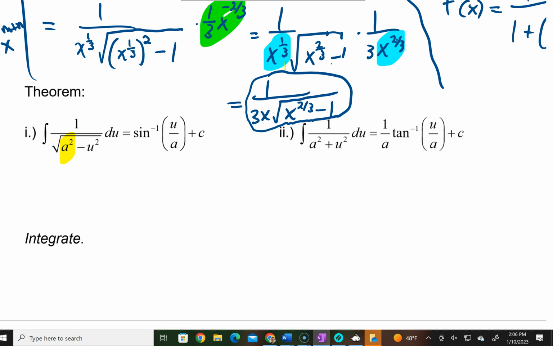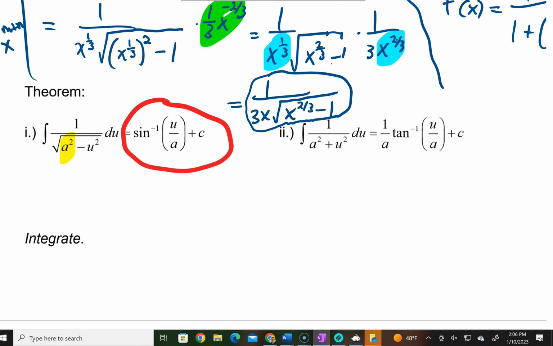They're saying, well, wait a minute, you could actually factor out an a squared from that and then get a 1. That's the quick proof for how that could work out. And then as you do that, you'd have a u squared over a squared and so forth. But this right here, again, something that you'd want to memorize, you're going to have inverse sine of u over a plus c.